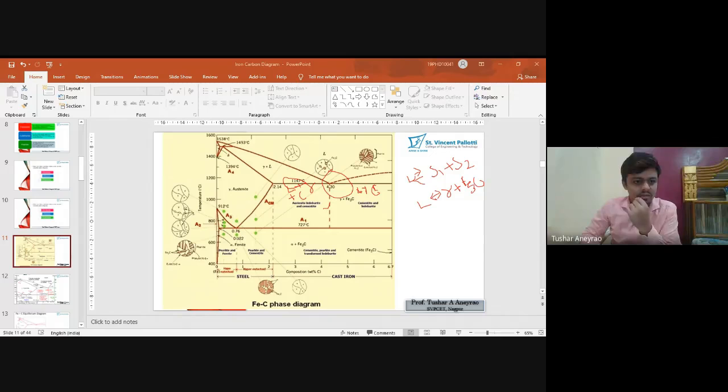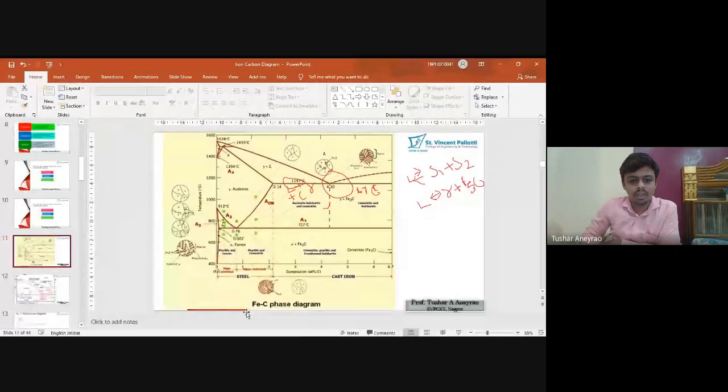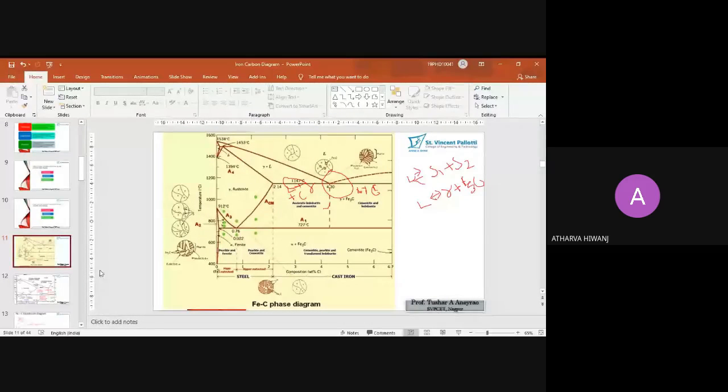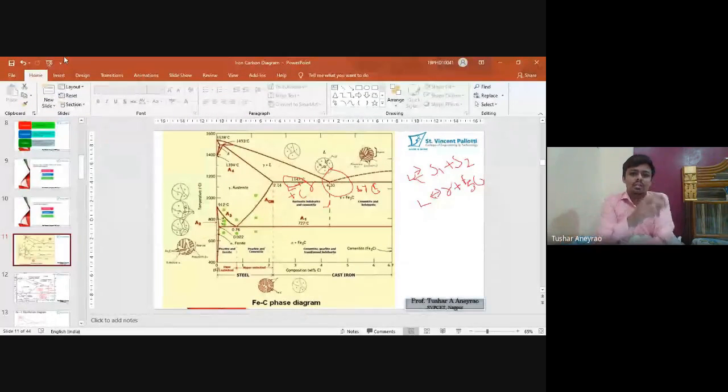Yes, I think because they are not present in their pure form, that is austenite plus ferrite is there. Yes, I can say that more than 50% of your answer is correct.